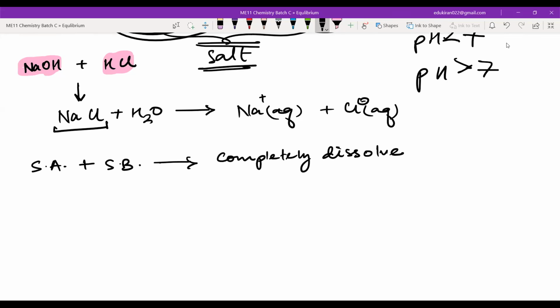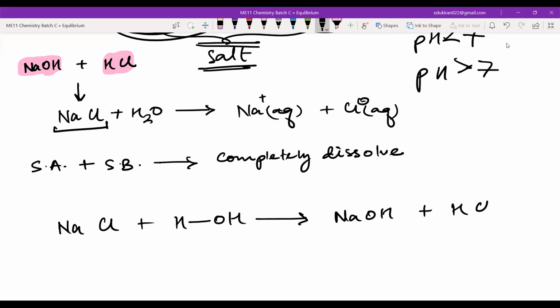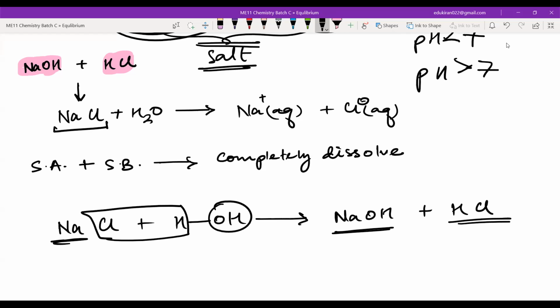Now, let us look at why it is dissolving. When you add NaCl, it has H and OH, so it could have made NaOH plus HCl also. Yes or no? But we know that this is a strong electrolyte and it completely dissociates.